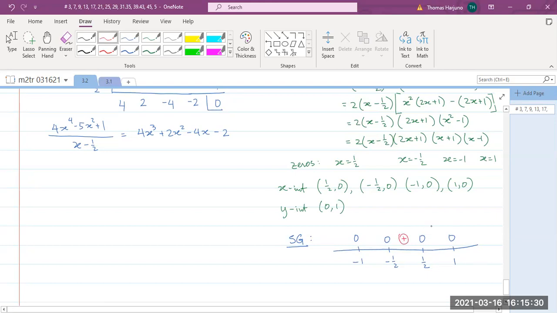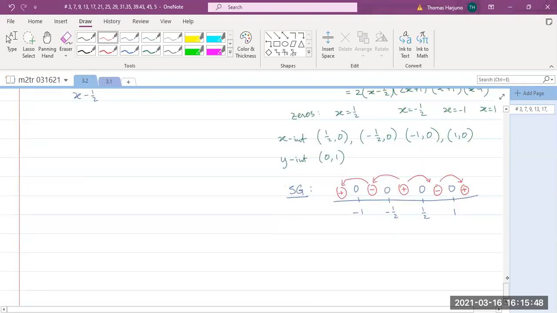All the zeros are multiplicity of 1, so when I jump across the critical number, I change the sign. Jump across the critical number, I change the sign. So that helps us later on when we graph.